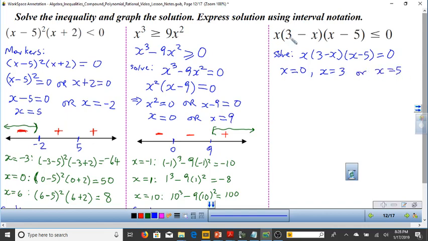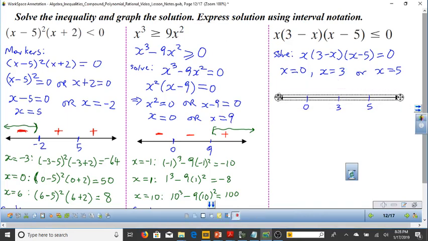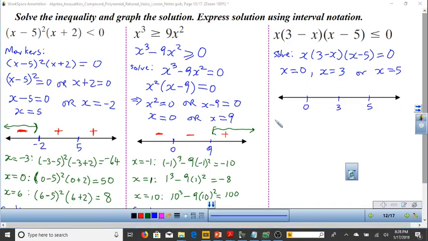So we have three markers here: 0, 3, and 5 in that order. So we're going to do some examples, choosing some numbers from the regions around the markers. We choose a number to the left of 0, such as -1.